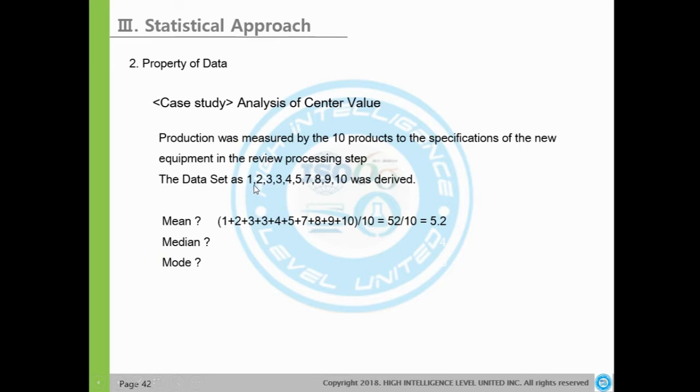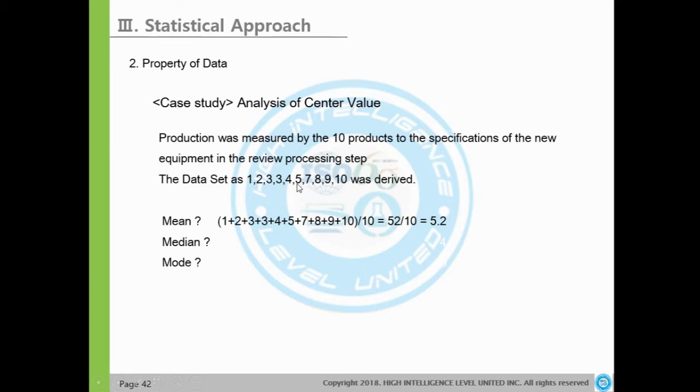First, median. Let's see how many data are here. This data set has 10. And the middle is this 5 on the left, 5 on the right.